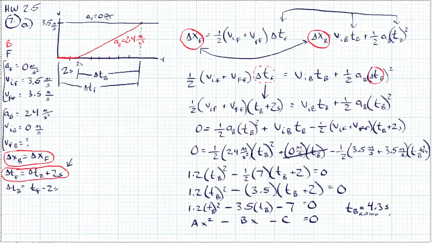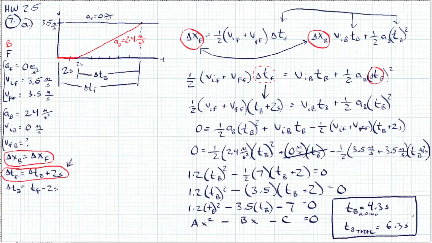Riding, it would take 4.3 seconds, but since he delays 2 seconds before getting on his bike, it could also say that the time of the biker, TB total, is 4.3 plus 2, so that's 6.3 seconds total after his friend passes him, or it could be written as 4.3 seconds if you're merely considering the amount of time riding by the biker.